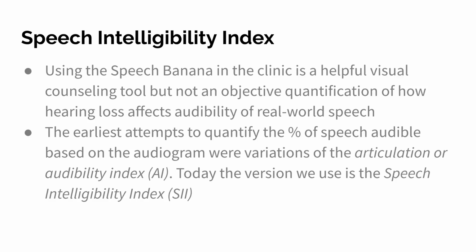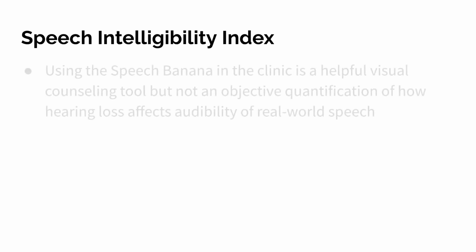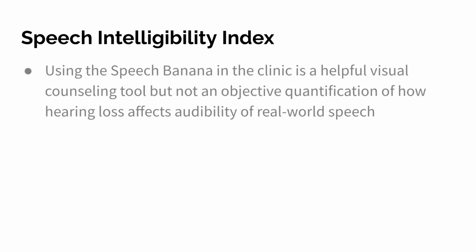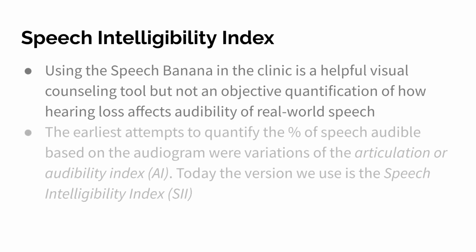Today, the version we use is the Speech Intelligibility Index, which is a more complex version of that. There have been many versions of the articulation index over the years.